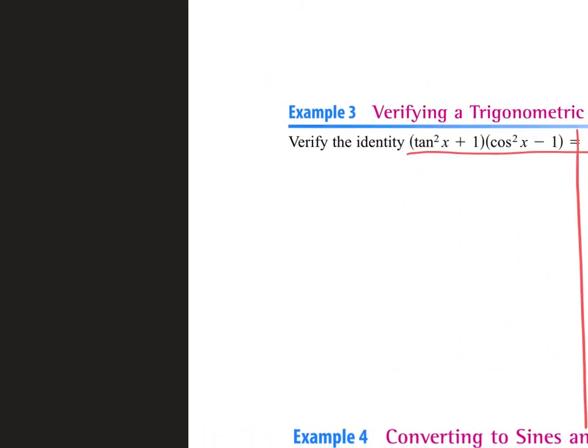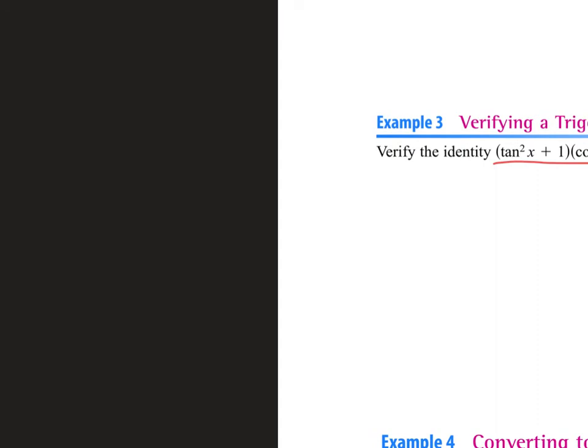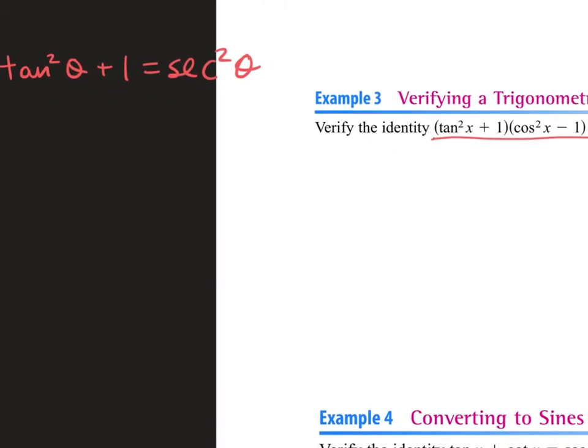Tan squared plus 1 turns into secant. What is our identity for tan squared? Tan squared theta plus 1 is equal to secant squared. So we're going to put in secant squared x there.